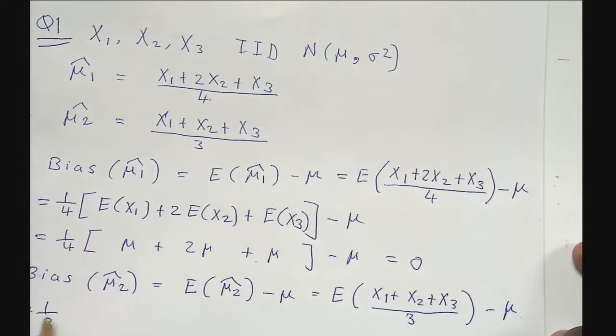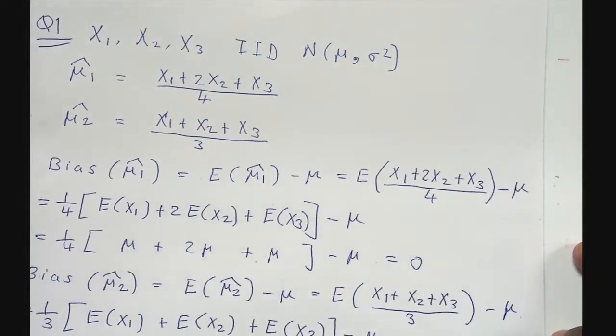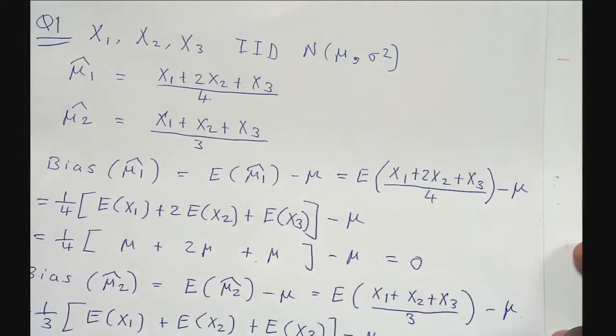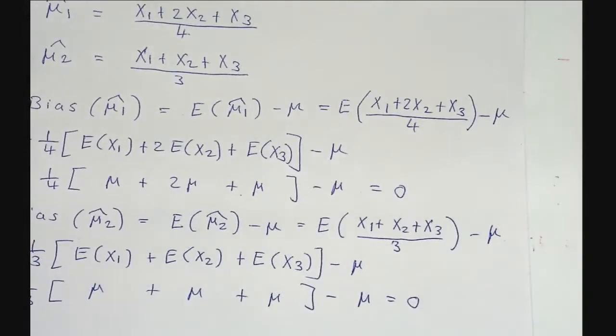You follow the same procedure to find the bias of the second estimator, and you get a third of mu plus mu plus mu minus mu, which is again 0. So in terms of bias, both estimators have bias equal to 0, and therefore you cannot distinguish the two estimators with respect to bias, right?